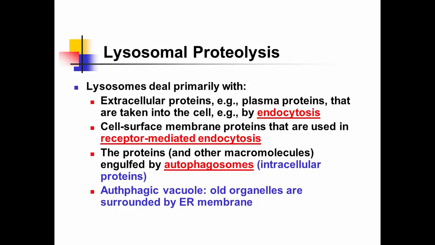What types of proteins or organelles can be degraded by lysosome pathways? The first, as I mentioned earlier, is extracellular proteins, right? For example, plasma proteins can be taken up into the cells through the endocytosis mechanism.